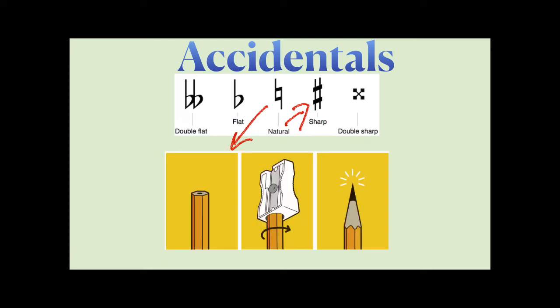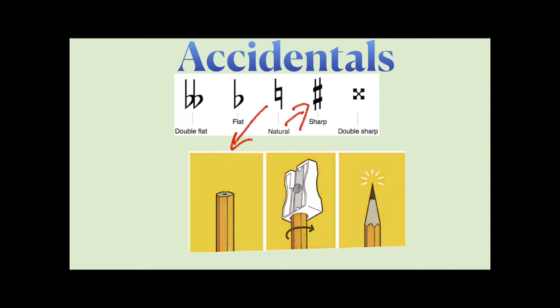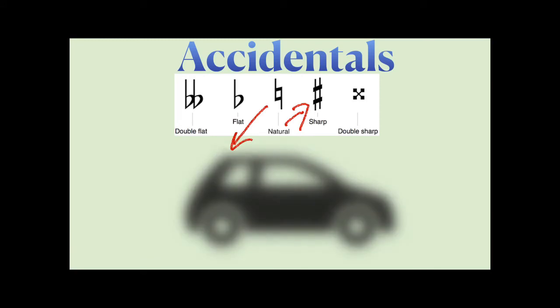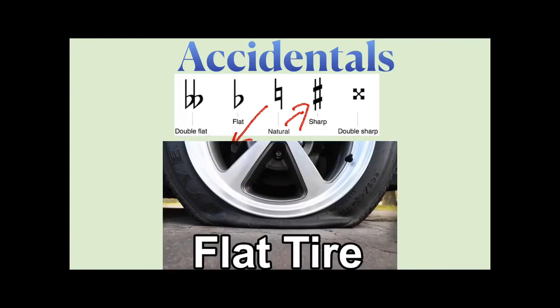You can think of this as sharps go up, flats go down. If you sharpen a pencil, the point goes up, or if you happen to sit on that sharpened pencil, you'll certainly stand up quickly. Whereas flats, well, if you get a flat tire, your car is going to sink downward.